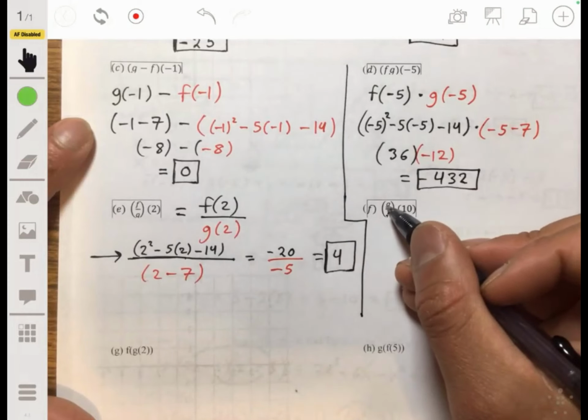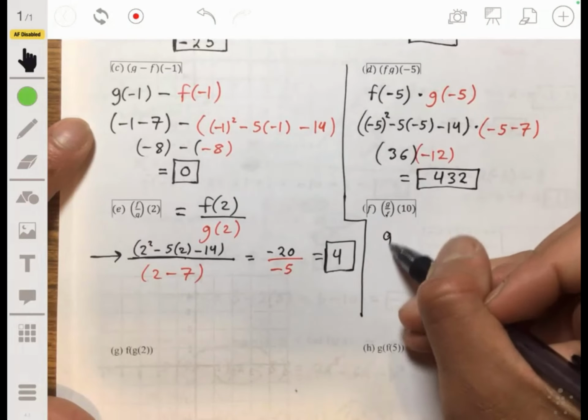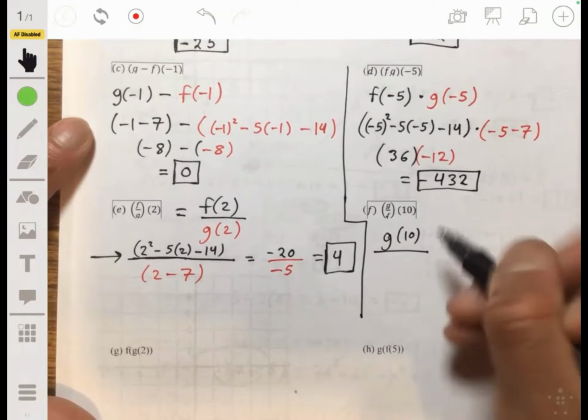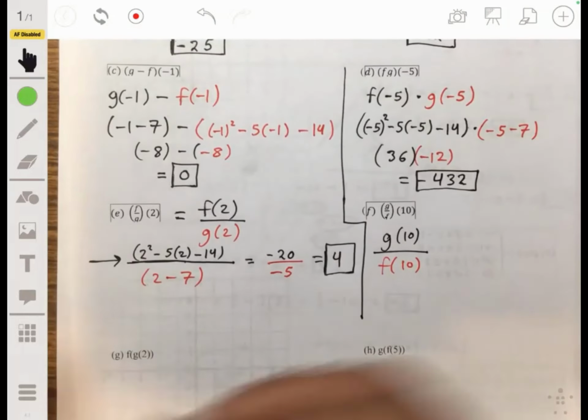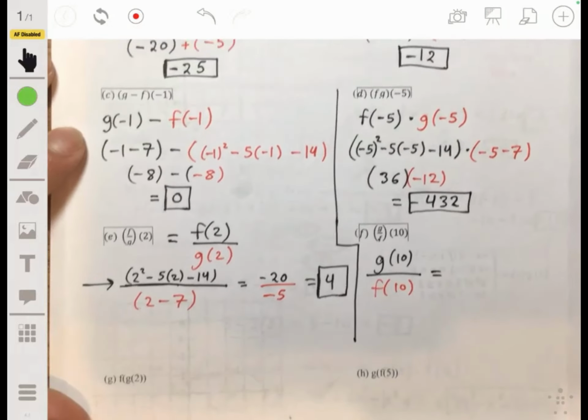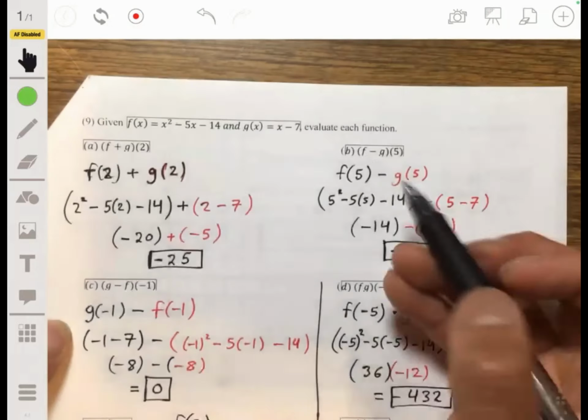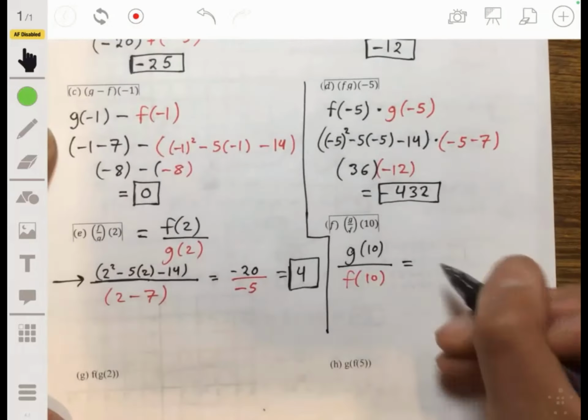Now we've got g of 10 over f of 10. So evaluating g of 10, we're going to have 10 minus 7 on top.